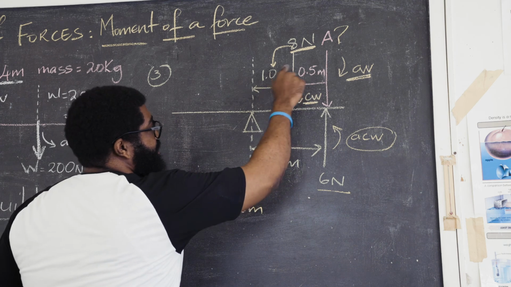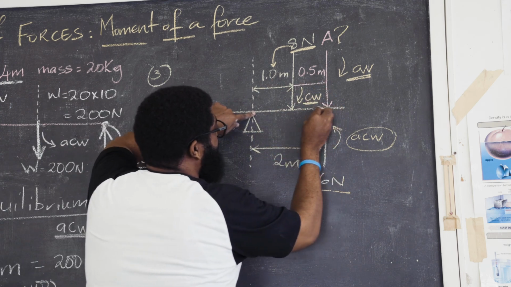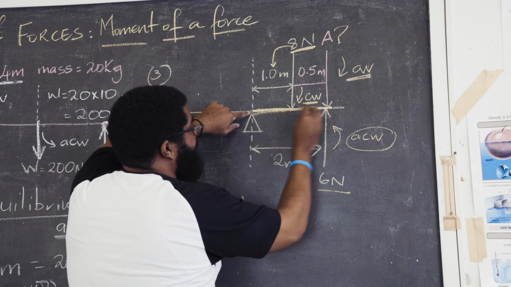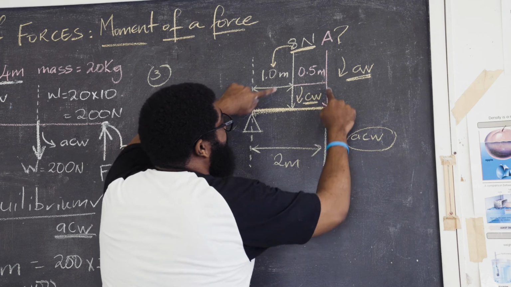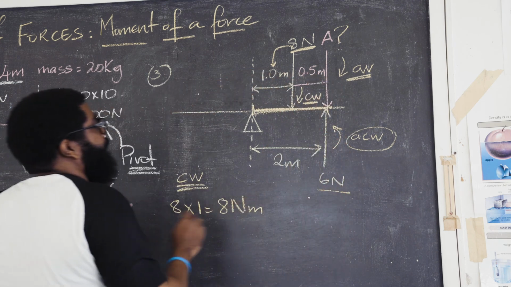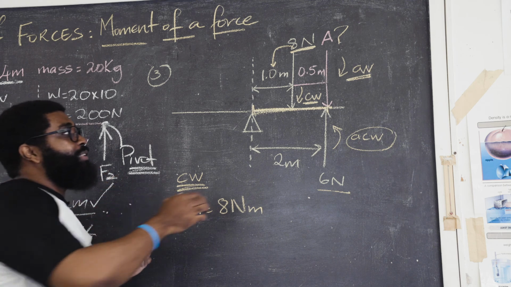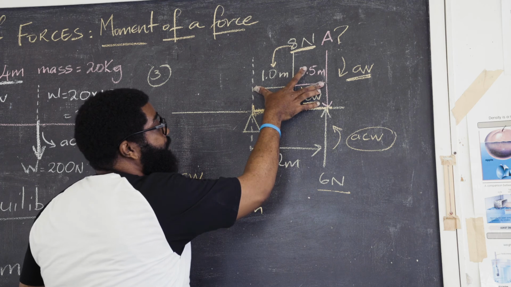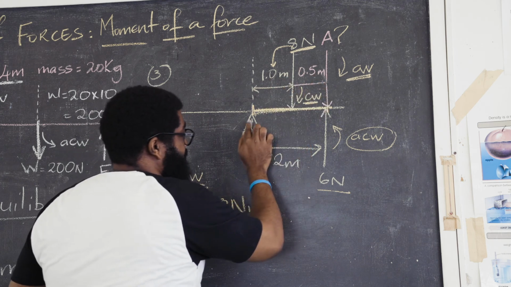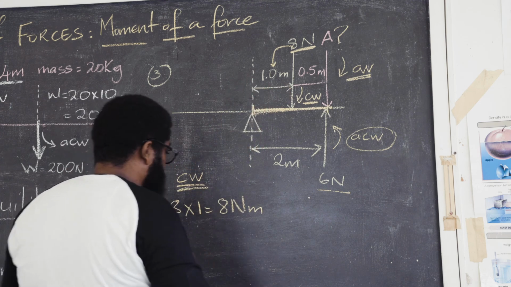The distance is this plus this. Why? Because if we look at how far this force is from the pivot, you'd see that it is this distance. Every time questions like this are given, students tend to forget that it's not the distance from the nearest force, it's the distance from the pivot, which is this plus that, because the pivot is here. So it's not 0.5, it's not 1, it's actually 1.5.